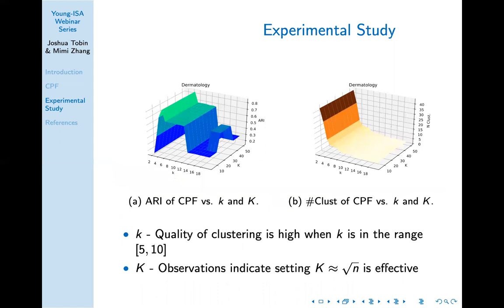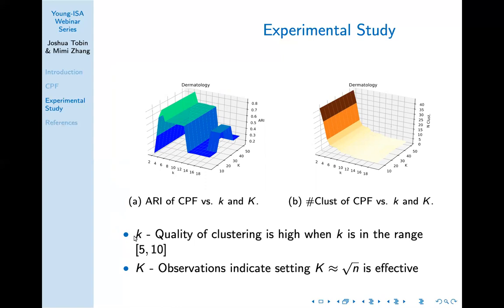We want to do a little more work on parameter sensitivity, especially the choice of K, the little k here. Determining the components is obviously a vital part in the success of the method. What we found is that the experimental results echoed what's in the literature, that 5 to 10 is a reasonable range, but how can you know what the optimal value of K is before setting off on your data is something we're thinking about and trying to do more work on.